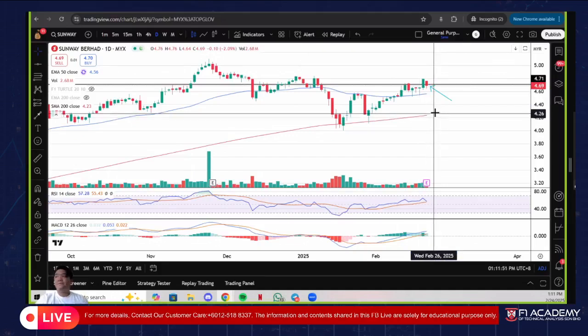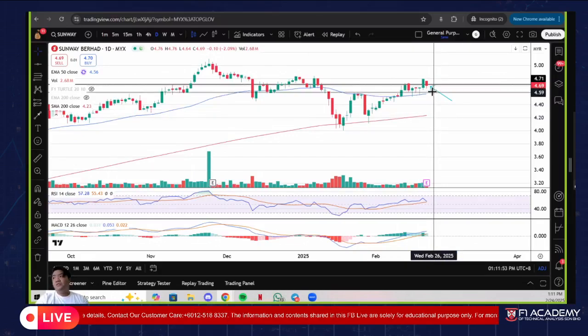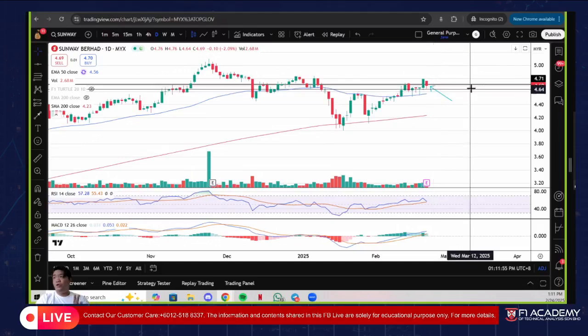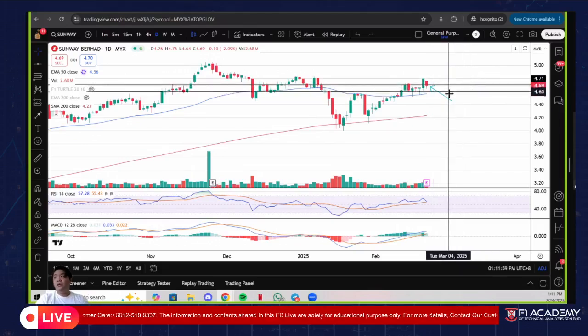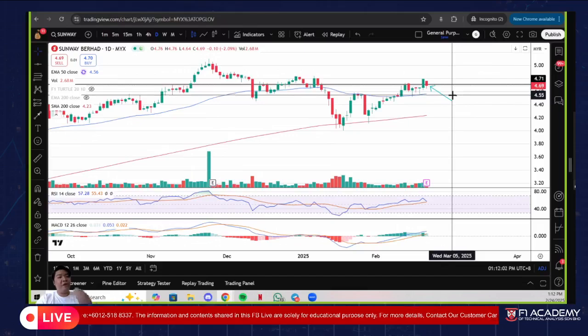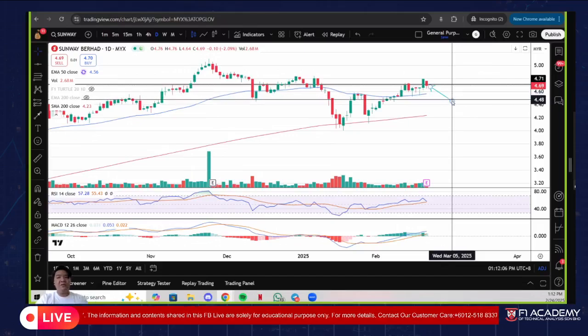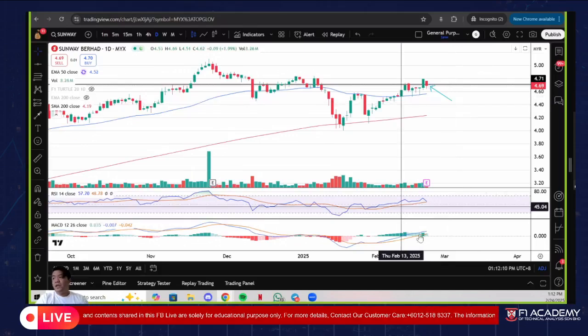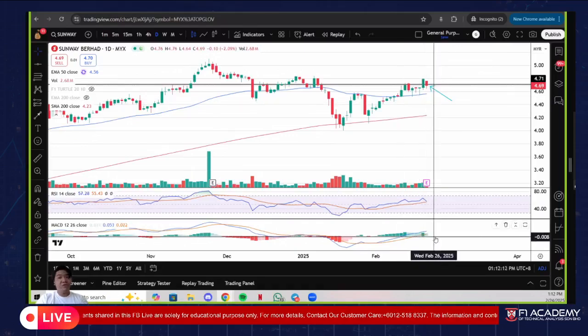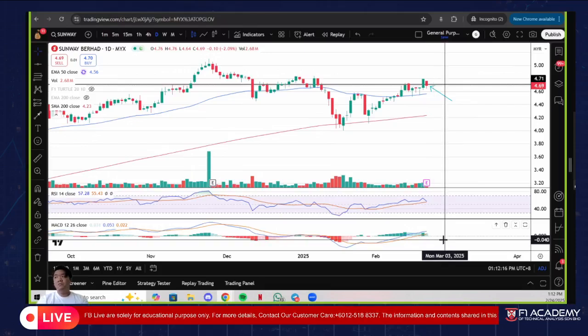So give it time. It's still good. And even if it does close below the support here, don't worry. What you really want to watch for is for the price to remain above the EMA 50. If it does remain above EMA 50, you're still good. And the momentum is above zero, just FYI. So the momentum is there. Just sit back and watch for now. There's nothing bad about it.